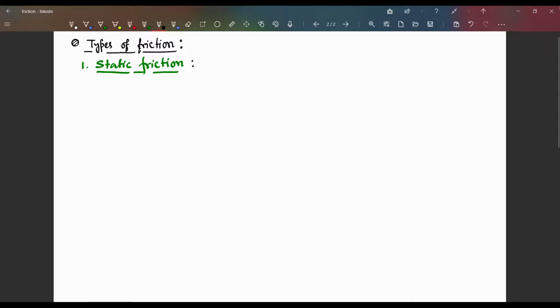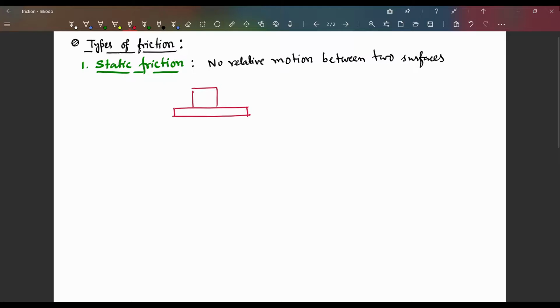For static friction, there is no relative motion between two surfaces. Here, a body is placed on a surface. A force is applied here, but the body remains at rest.